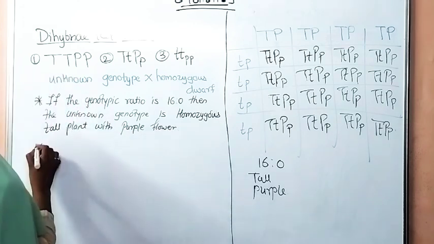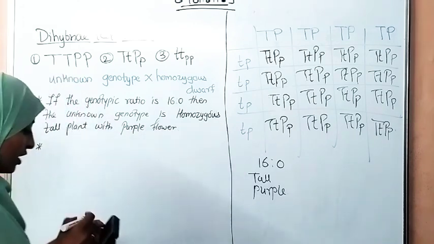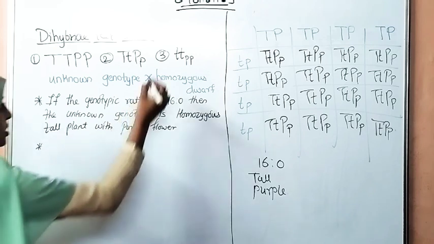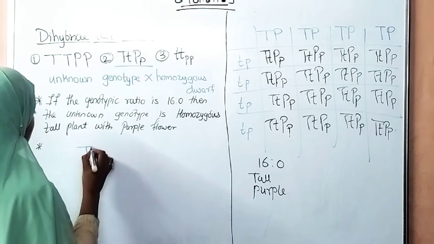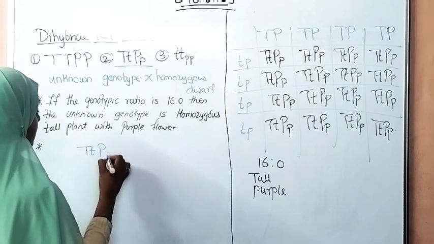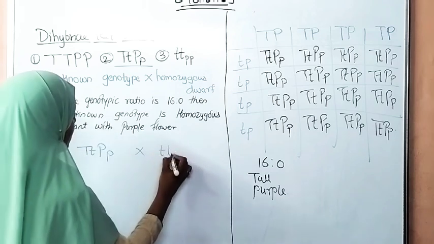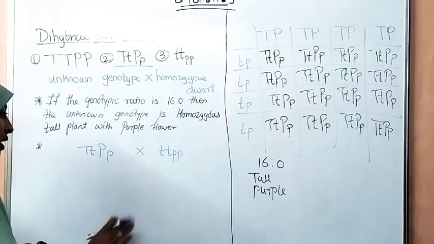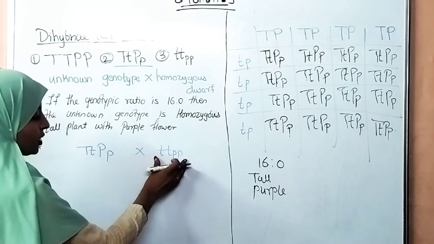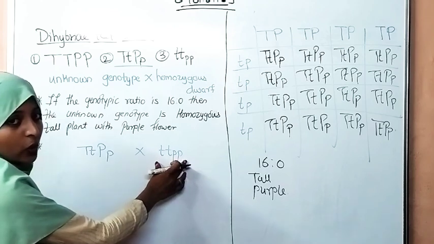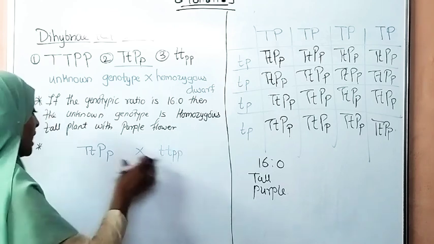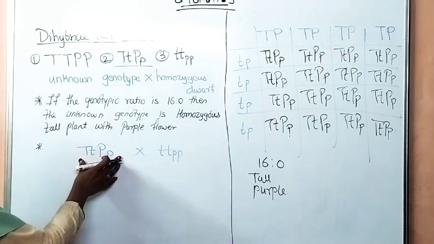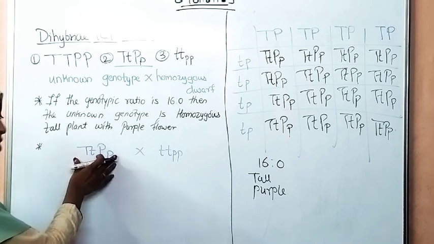Now, the second condition. The second condition is capital T, capital P, small p crossing with small t, small t, small p, small p. We know the alleles of this homozygous dwarf plant with white flower, but we are going to find the alleles of the heterozygous tall plant with purple flower.